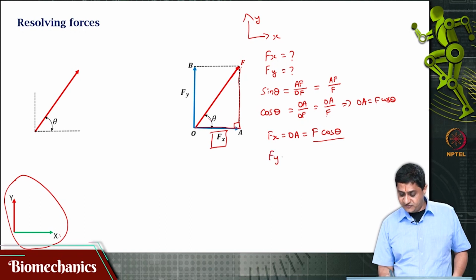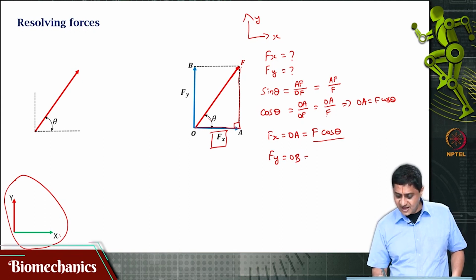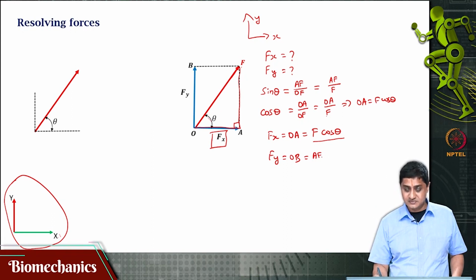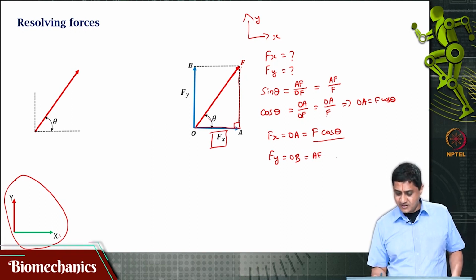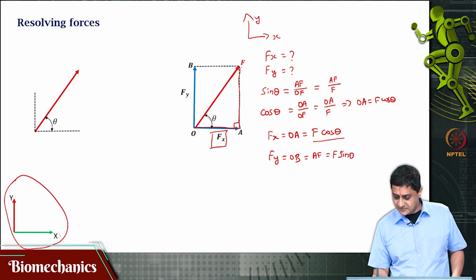The component of this force along the y axis is OB, but that length OB is the same as the length AF. And what is AF? That is F sin theta.